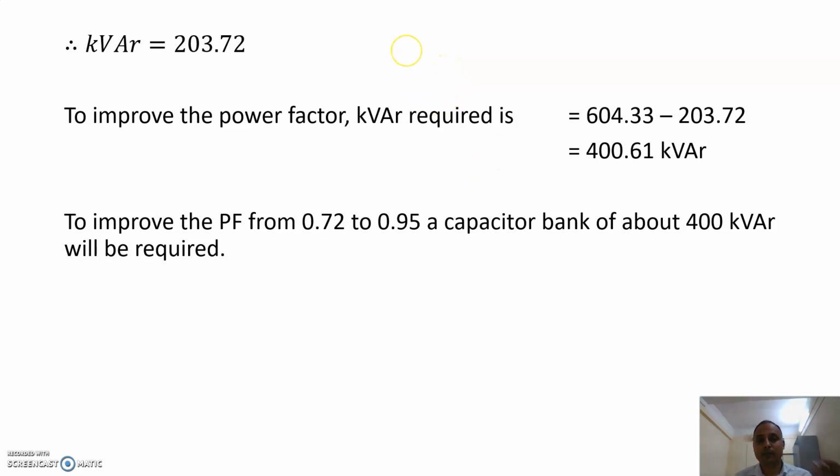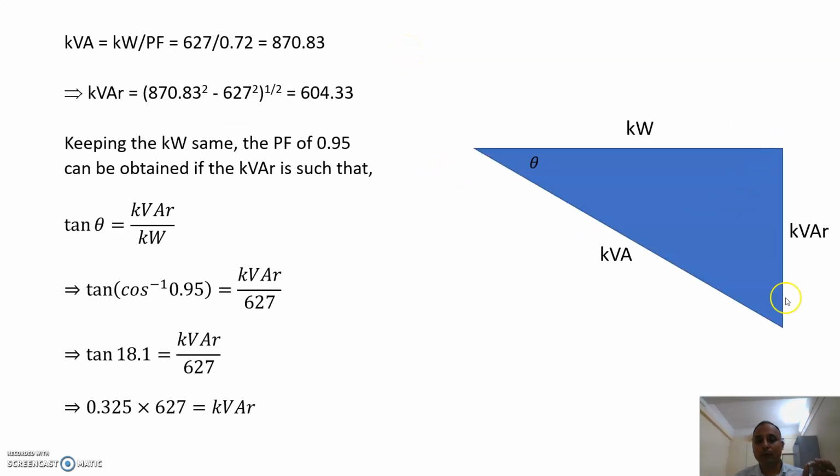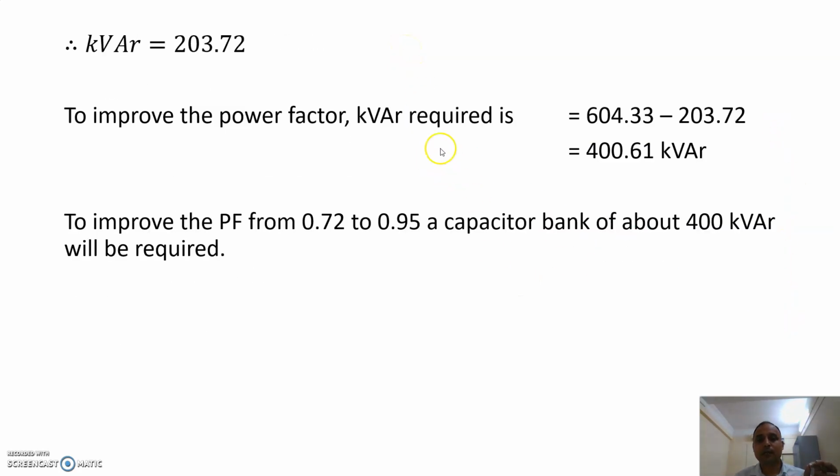The capacitor kVAR, which is going to act against this kVAR, is equal to 604.33 minus 203.72, which is 400.61 kVAR. So if we install a capacitor of this capacity, the power factor will automatically be improved from 0.72 to 0.95. So a capacitor bank of about 400 kVAR will be required.